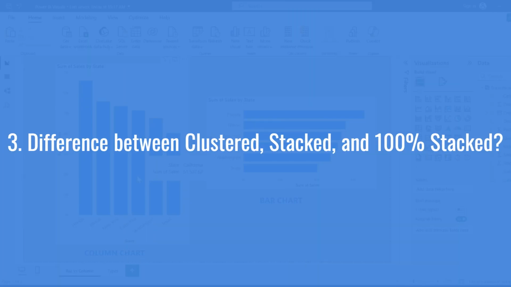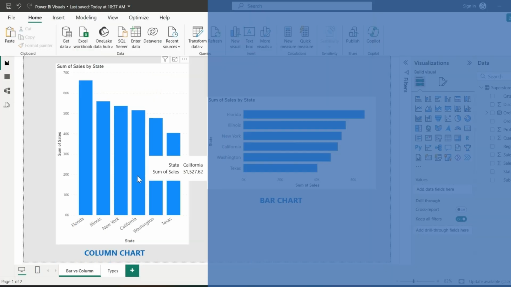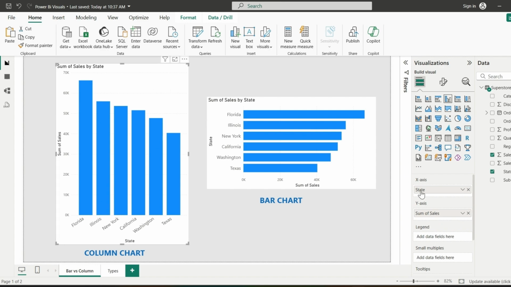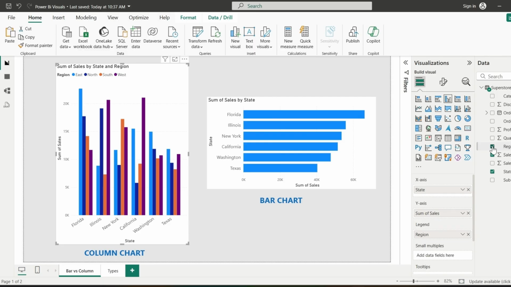Going into the third question, the difference between clustered, stacked and 100% stacked charts. Here we are just showing a column chart. I took a clustered column chart, and in the x-axis I have added state, the y-axis is sum of sales, and now when I add the region column, it gets directly added into the legend.